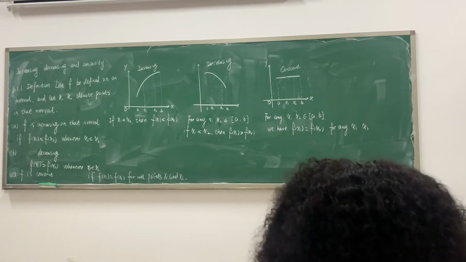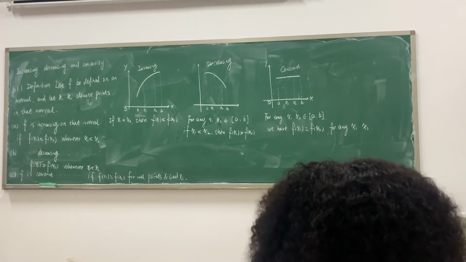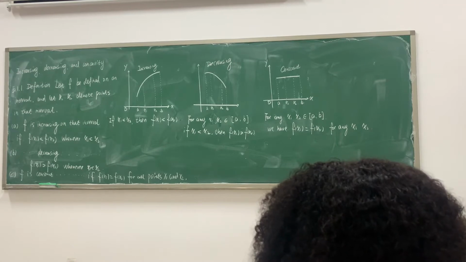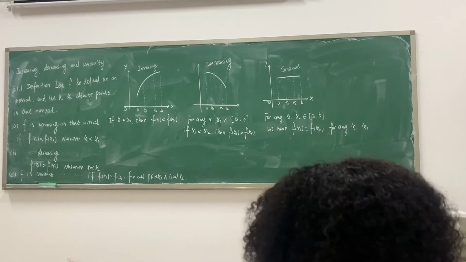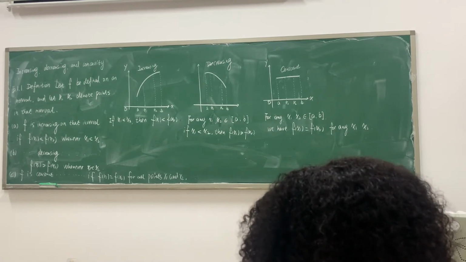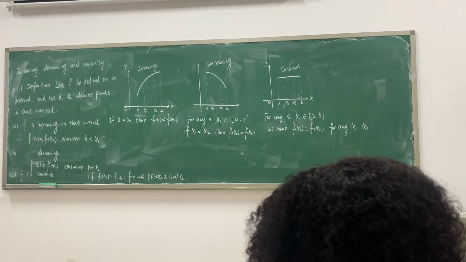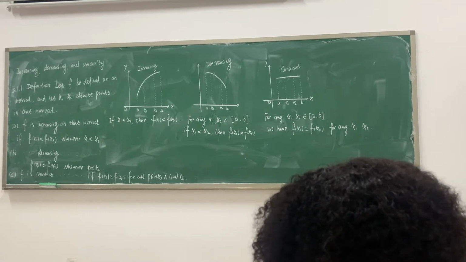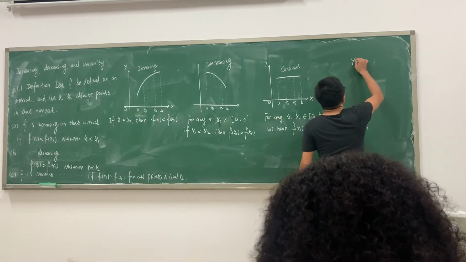So we have a question. Now we have the definition of increasing, decreasing, and constant. If I give you a function, how do you find whether it is increasing, decreasing, or constant? Actually, constant is easy. But how do you find the increasing interval and decreasing interval? For example, y equals x squared.